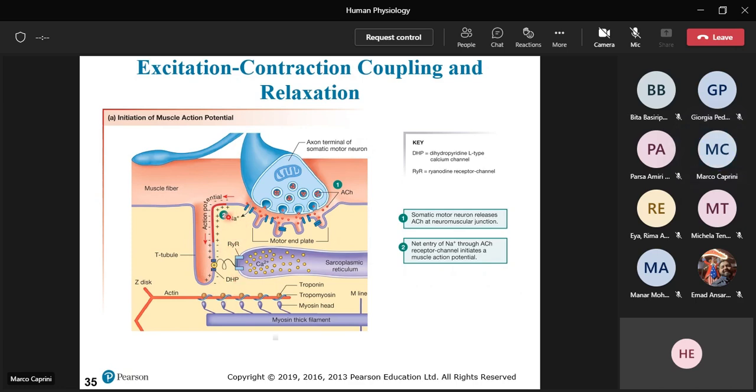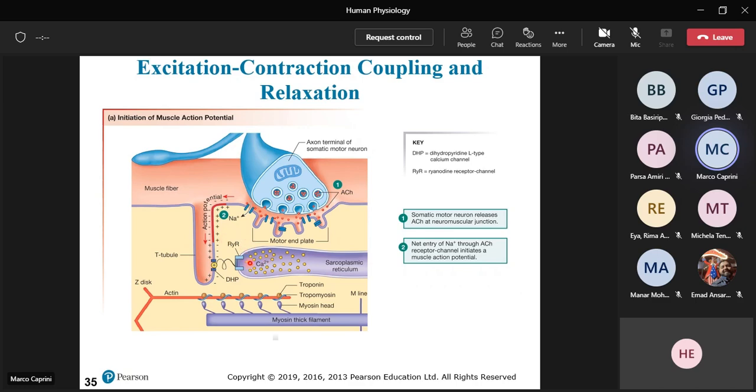But again, the action potential moves down the T tubules and at the end causes a calcium release from the sarcoplasmic reticulum.